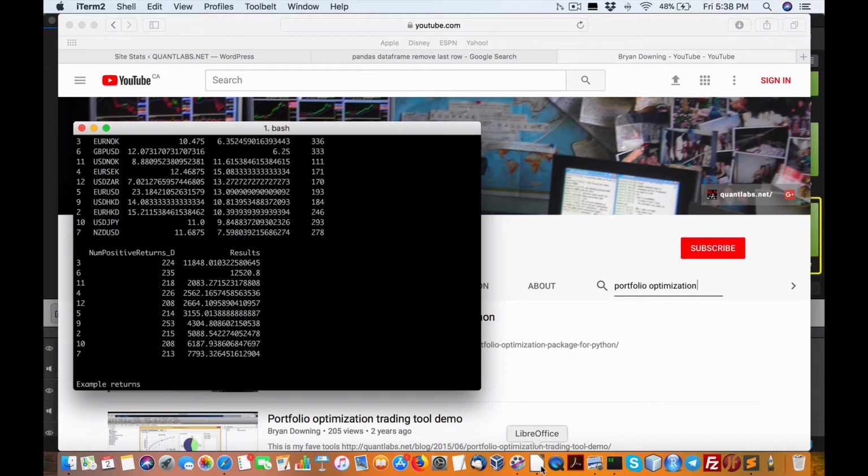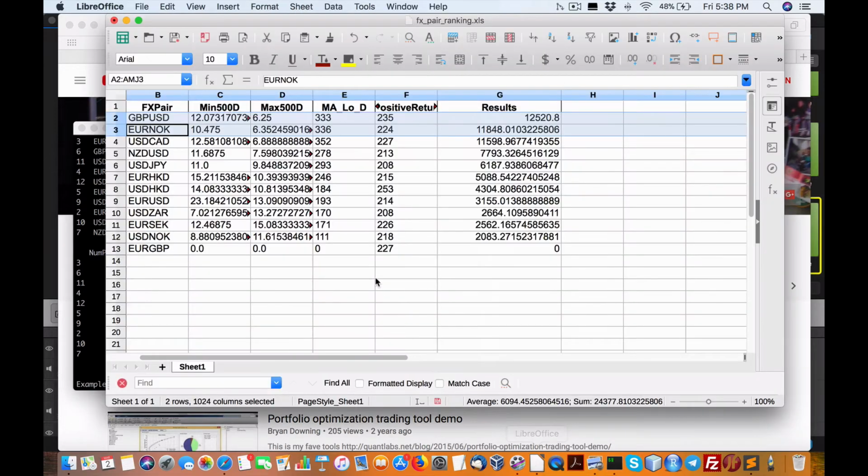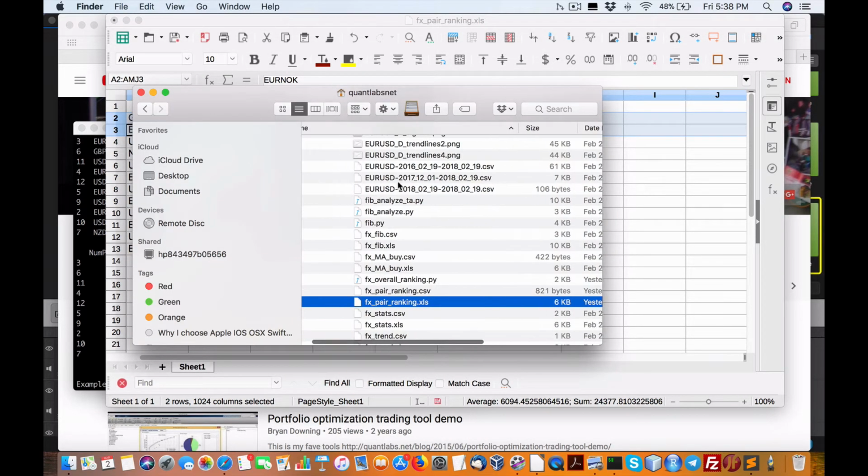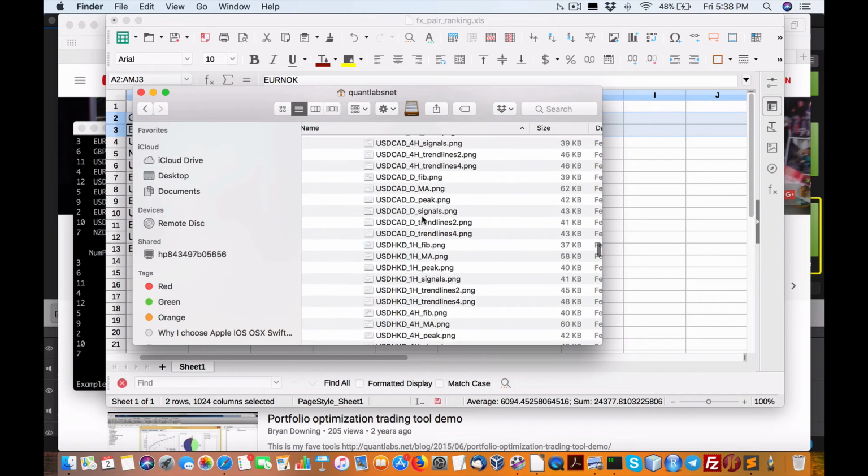So what type of analysis are we looking at? Again, I'll go over this. I'll probably bludgeon you to death over this. But essentially what we're doing is, let me just get to a sample here of one of them.